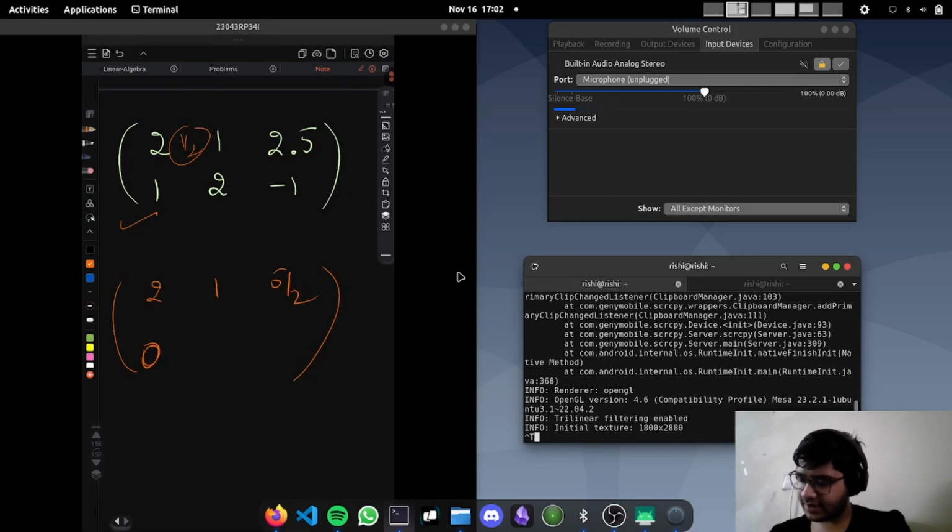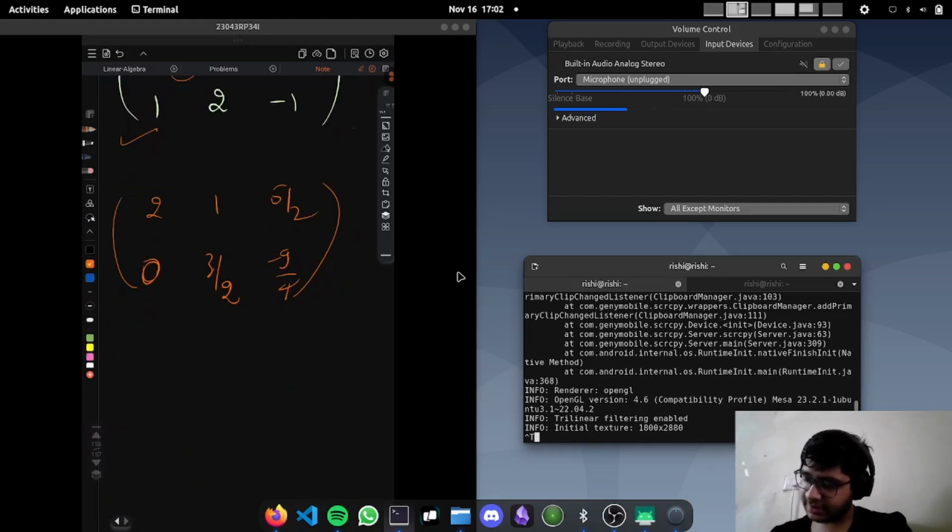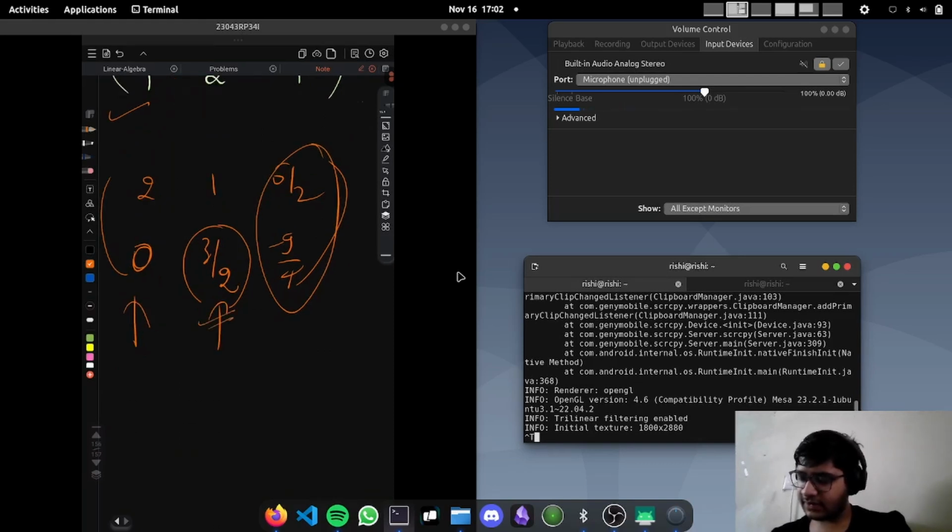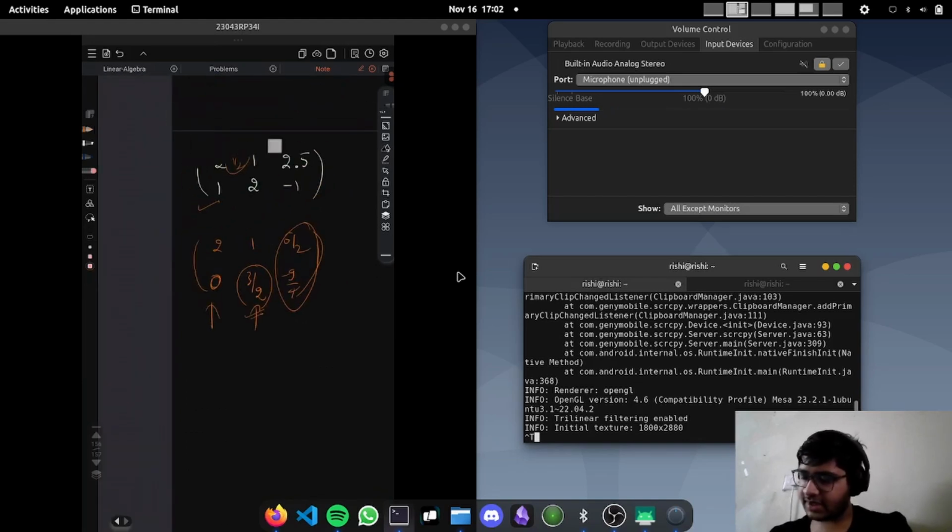If I multiply this with half, this is 3 by 2. Multiply this with half, which is 5 by 4, and minus 1 minus 4, so minus 9 by 4 essentially. And the next pivot is this. So these are the pivot columns, and this is the free column, and we can also make this 0 if we can, I guess. So we can subtract this from that. We can work around with that. So essentially we can get the null space somehow.